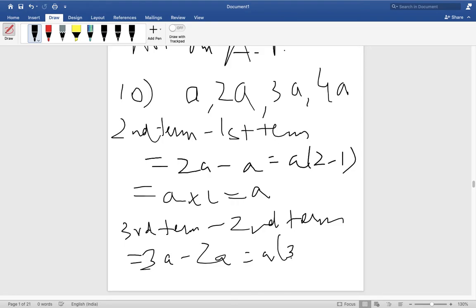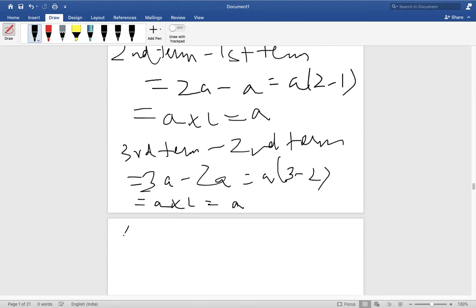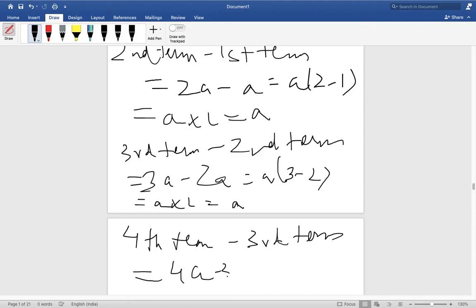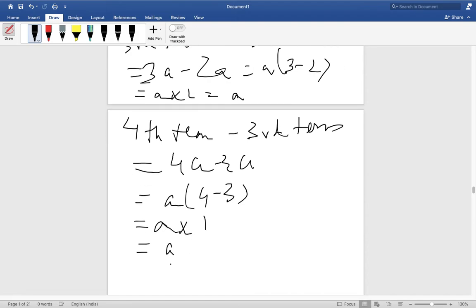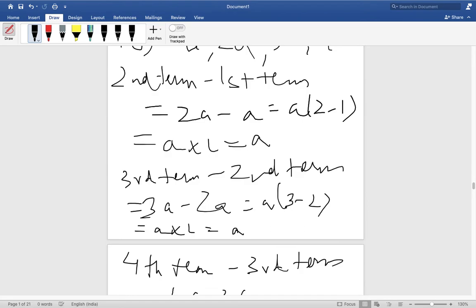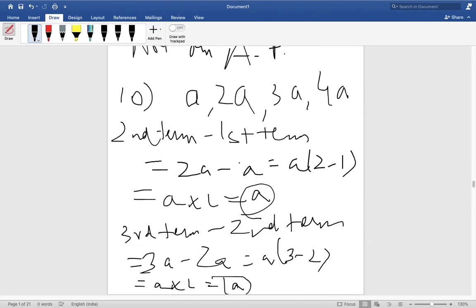Take A common, 3 minus 2. 3 minus 2 is 1, A into 1 is A. Now let's have a look at the difference between the fourth term and the third term. Fourth term is what? 4A minus 3A. Take A common, 4 minus 3. 4 minus 3 is 1, A into 1 is A. So the common difference stays the same. So this, my dudes, is an AP.